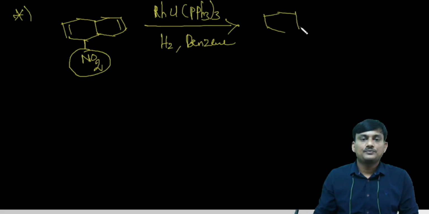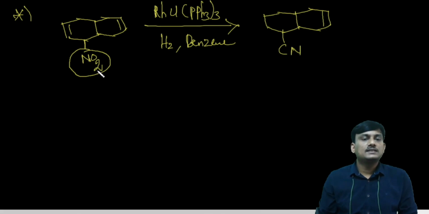So here this C=C will be reduced, since NO2 or CN groups will be coordinated with the metal atom in Wilkinson's catalyst. This double bond will be reduced.